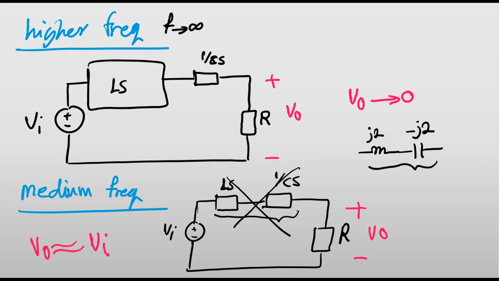Remember that if your inductor or capacitor has an impedance approaching infinity, then the other one will not be able to cancel out the effect of its neighboring component. So if you have an inductor which is infinity and a capacitor which is very small, the capacitor cannot cancel out the effect of the inductor, and all the input voltage will drop across the inductor.